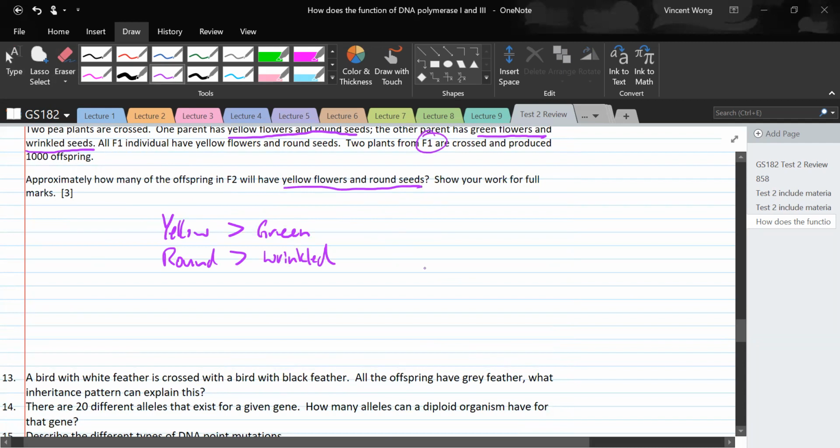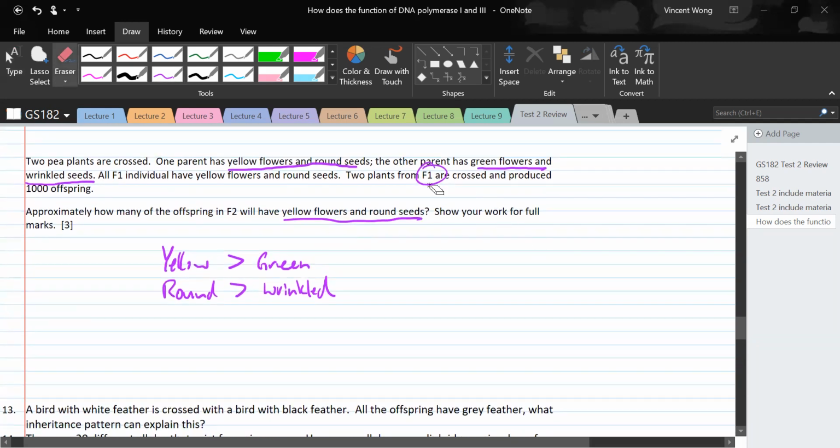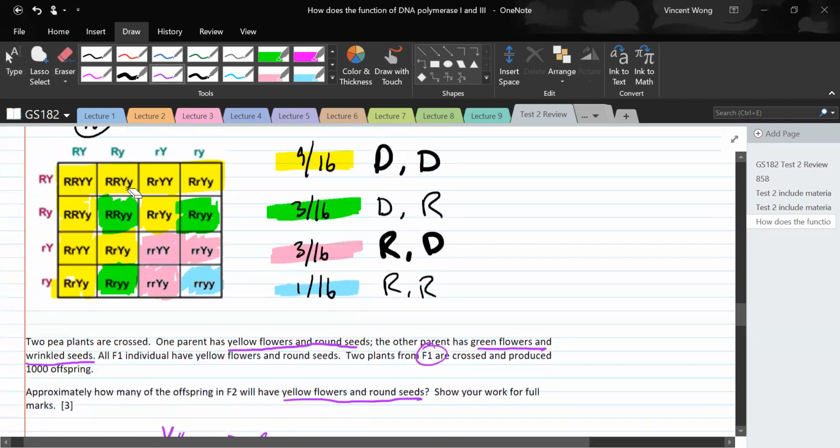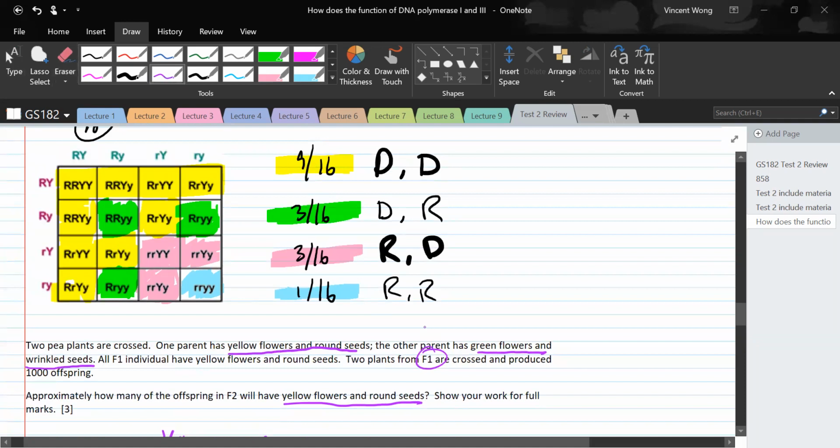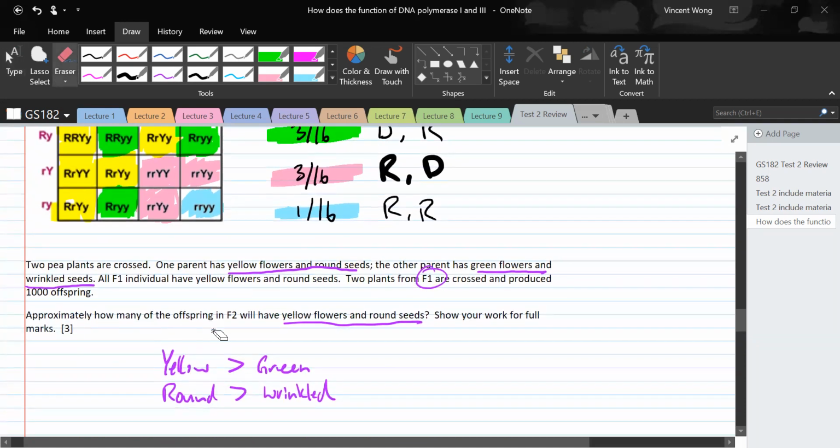Okay, because you're taking individuals from F1 and you know that these are gonna be heterozygous at all locations, which means it's gonna be this particular chart. The question asks you how many are yellow and round. So yellow is dominant, round is also dominant.